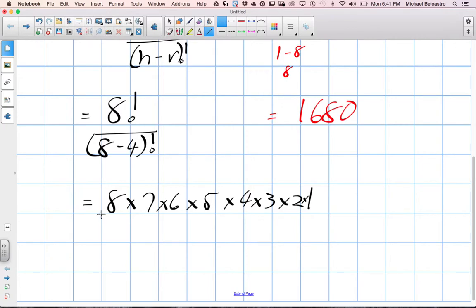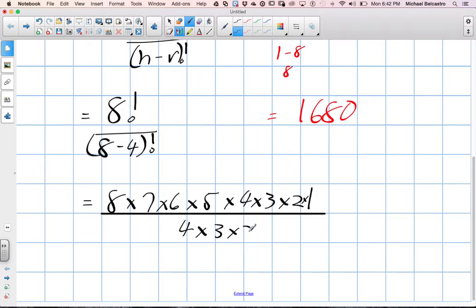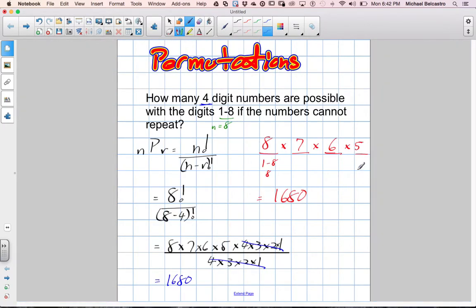And the reason in our formula they don't exist anymore is because 8 subtract 4 is 4. So 4 factorial is 4 by 3 by 2 by 1. And in terms of calculating this, we know that these eliminate each other. So you end up at the exact same answer of 1,680, whether you do this by thinking logically through the fundamental counting principle, or you put it into a permutation, you end up at the exact same value.